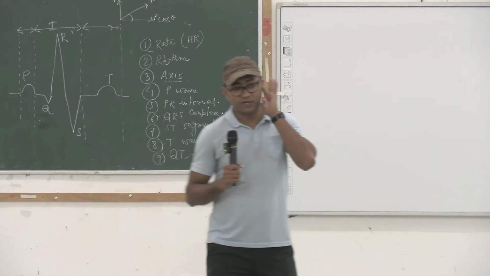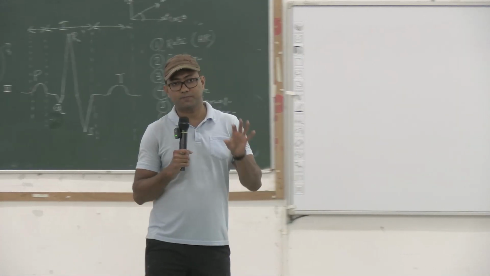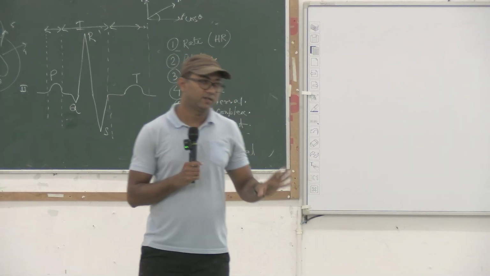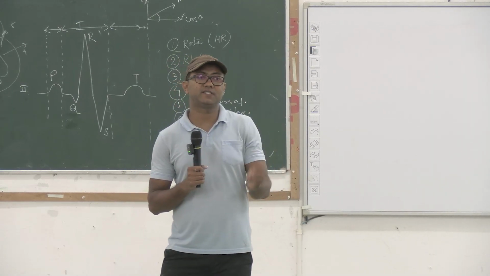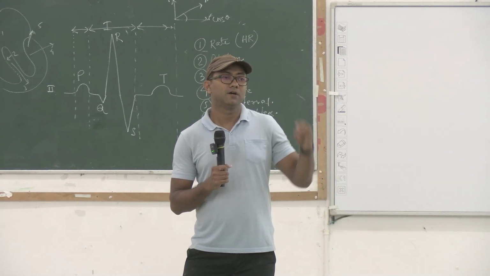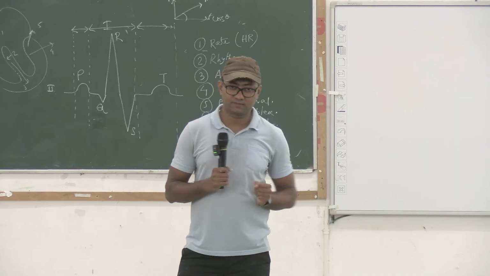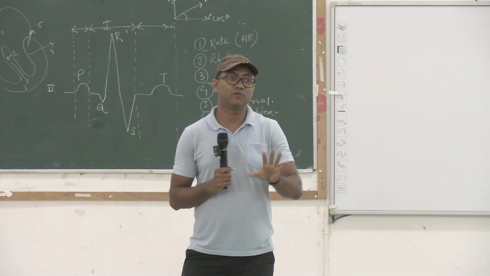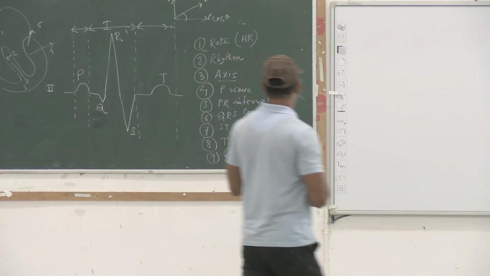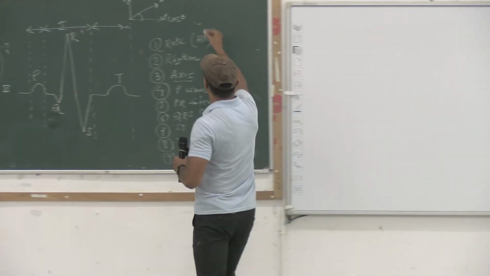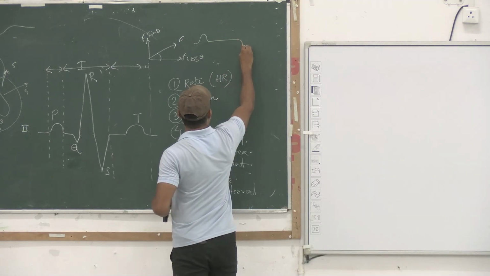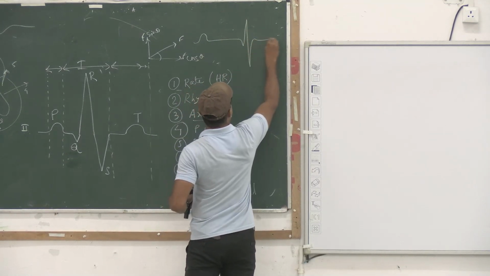PR interval is very important because the concept of heart block comes here. When the PR interval is high, the depolarization wave is taking longer than usual to travel from atria to ventricle. So in an ECG, after the P wave there is a long gap, then QRST.